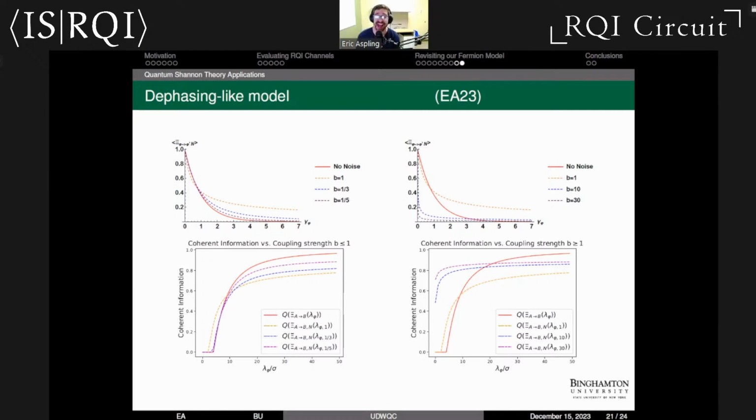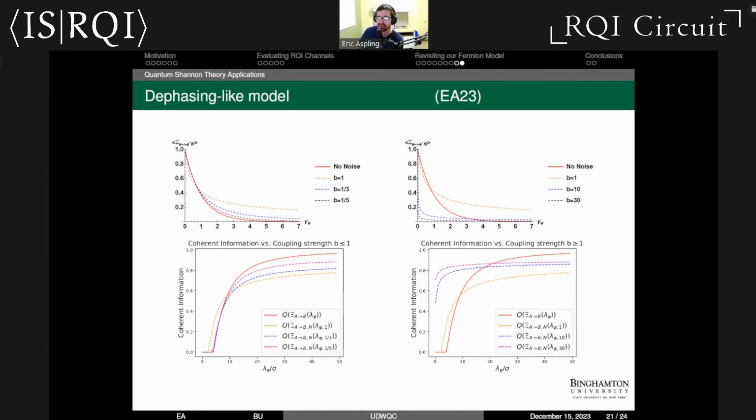So instead, having a dephasing-like parameter and then modeling this like it's a bosonic dephasing channel, which of course it's not, but it looks like one in the most traditional sense of bosonic dephasing, which is just destroying these off diagonals. We can actually model this noise with these detectors with coherent information very straightforwardly.